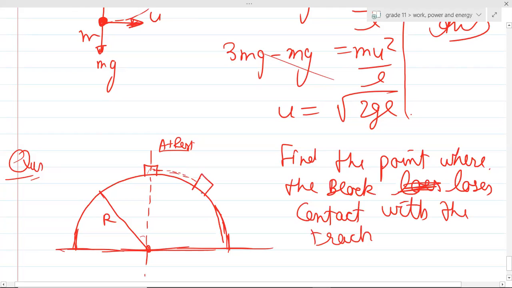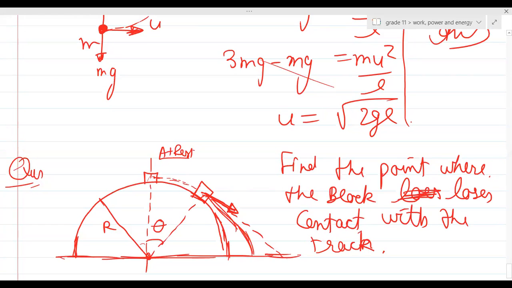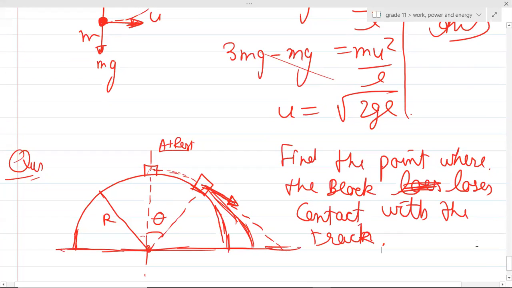At one particular instant, at a certain angle, this object will leave the track and move in a projectile motion like this. It will fall like this. It will leave the surface of this particular thing, and you need to find out that particular point. So take your time, think.